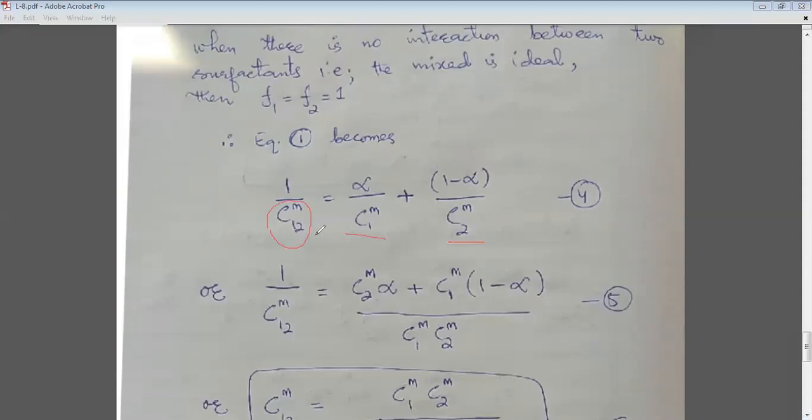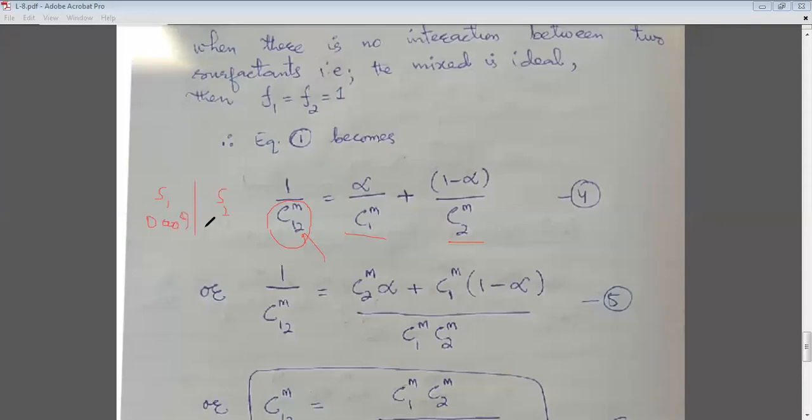That means without doing experiments we can calculate the CMC of the mixture. Suppose surfactant S1, you will do this exercise at home, and S2. Suppose this is CMC 1, surfactant 1, 0.0009.